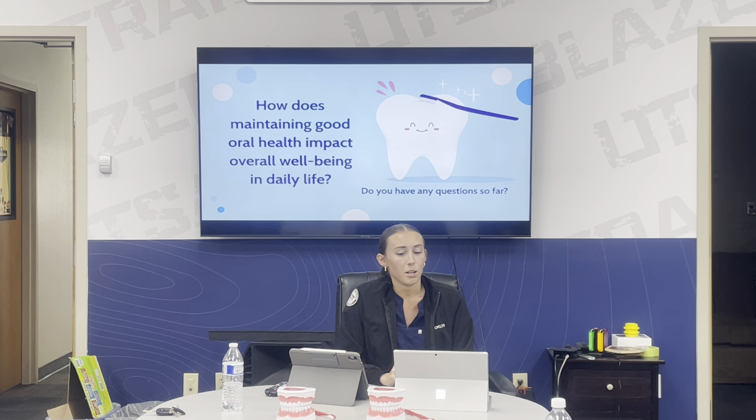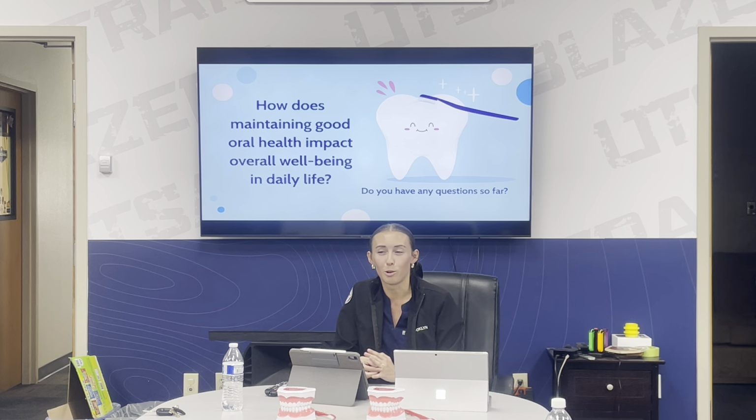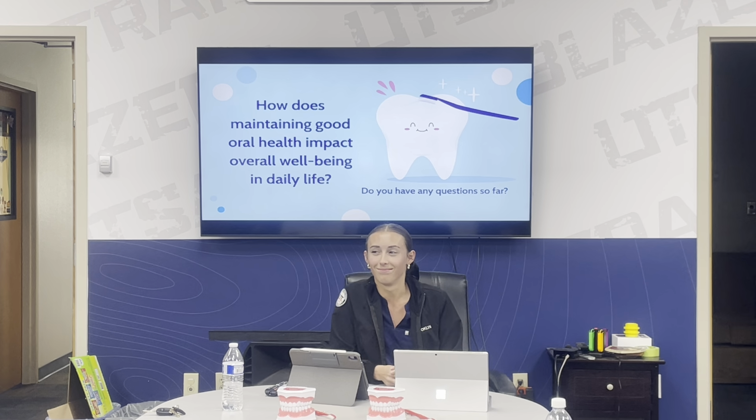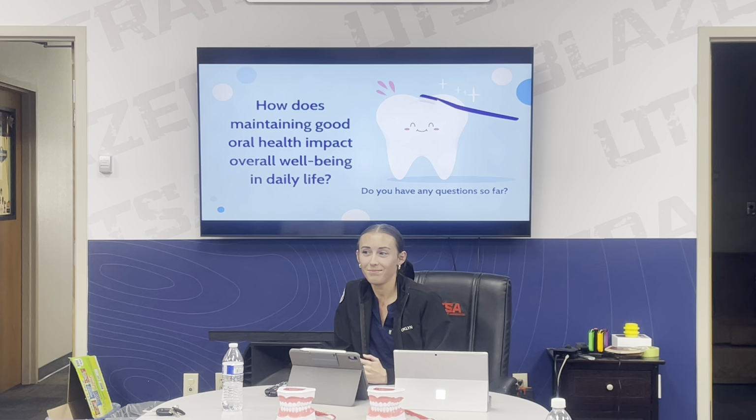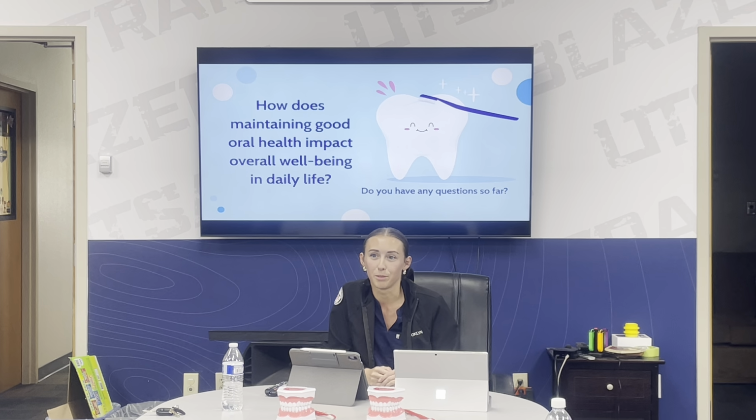Does anyone want to talk about how perio relates to other parts of the body? You can get lung diseases because there's bacteria in your mouth, so when you breathe in, that bacteria goes into your lungs. It might be connected to Alzheimer's.